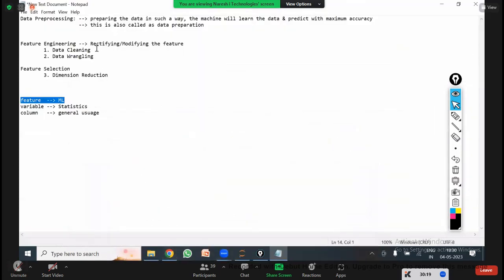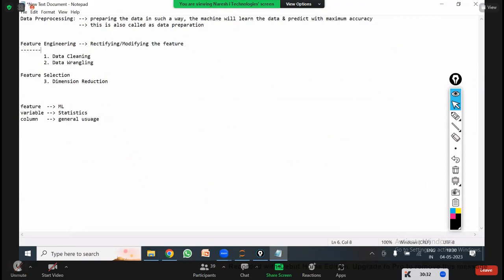If it is data cleaning, you are rectifying. In data wrangling, you are modifying. So data cleaning and data wrangling, the combination of both is called feature engineering. Feature engineering means rectifying or modifying the feature.